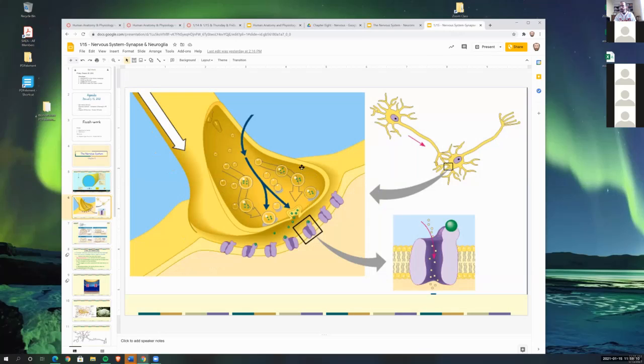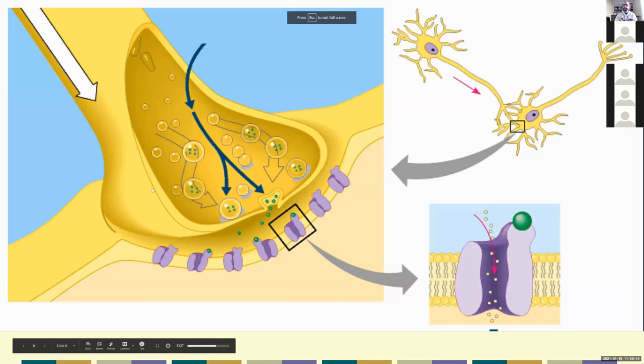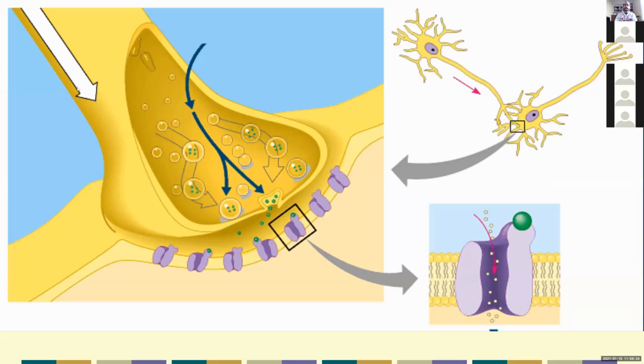So this is a synaptic terminal. So imagine the impulse coming down the dendrites, the cell body, the axon, and now all the way to the synaptic terminal. When that depolarization wave, when that action potential, when that impulse gets to the end of the neuron, the synaptic terminal, it is not touching another neuron.